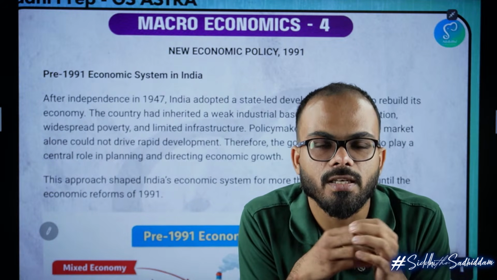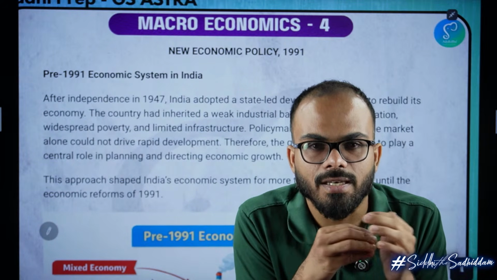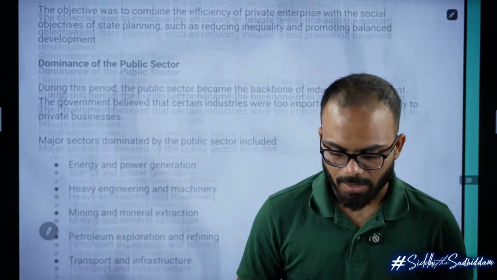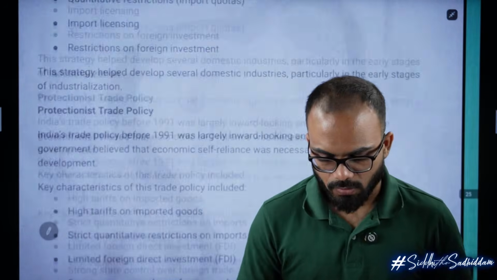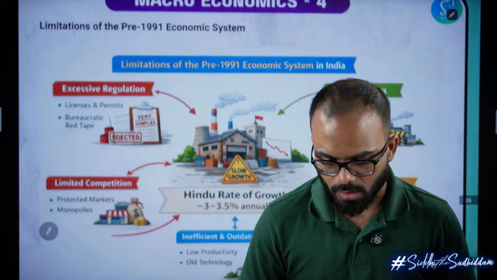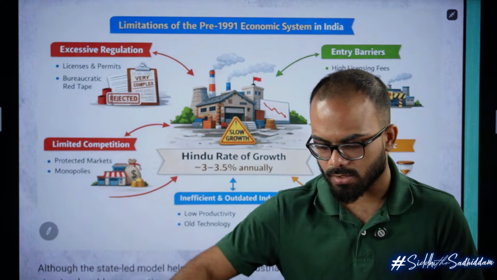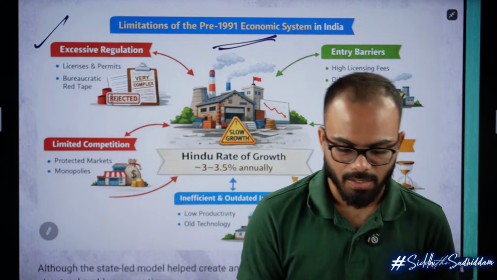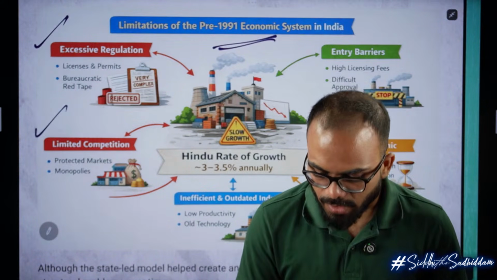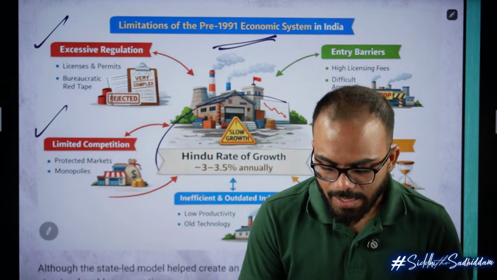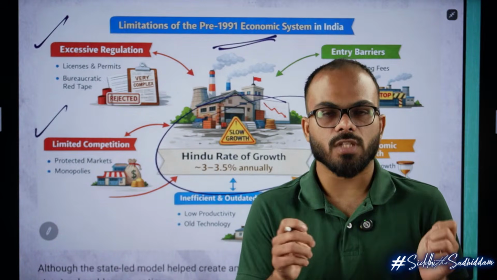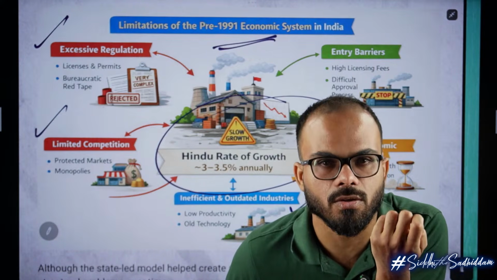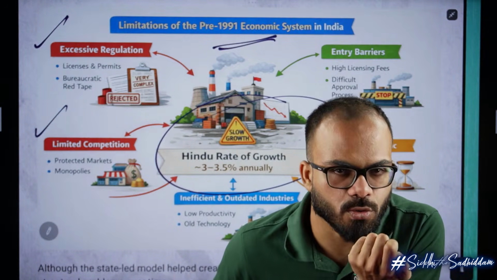That is leading to a crisis, and we call this crisis the balance of payment crisis. Over a period of time in India, because of all these policies, especially the limitations of the industrial policy of 1956, excessive regulation, limited competition, and inefficient growth, India grew at 3 to 3.5%, and an economist called this growth the Hindu rate of growth.